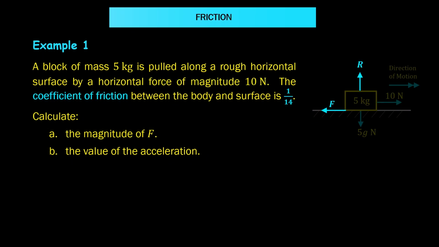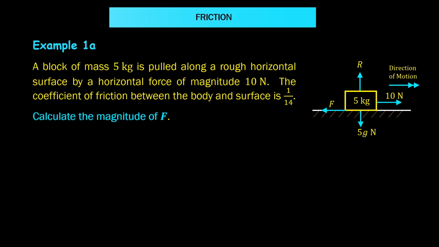The coefficient of friction here gives us F equals 1 over 14 times R. And we're required to find the magnitude of F for part A and the value of the acceleration for part B. So let's begin by calculating the magnitude of F.